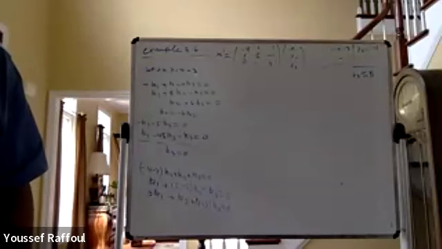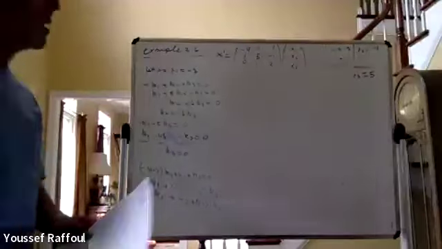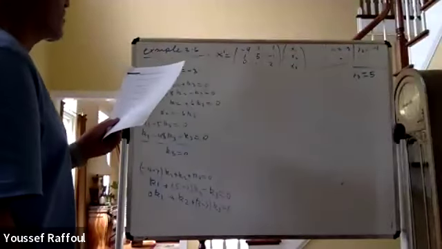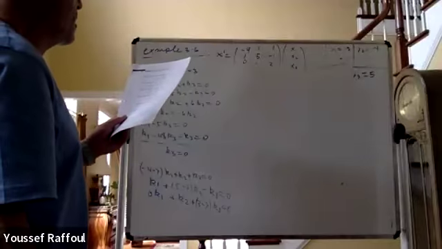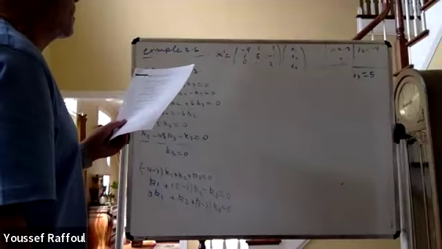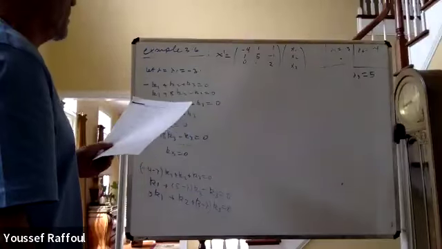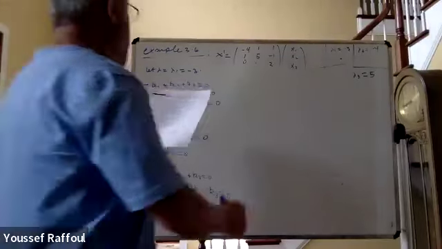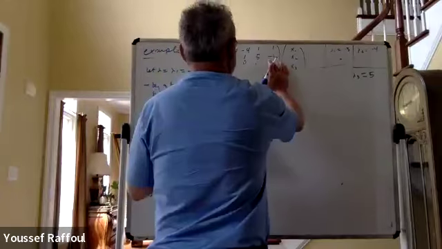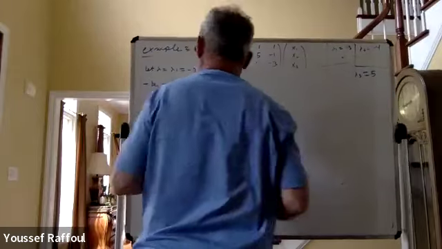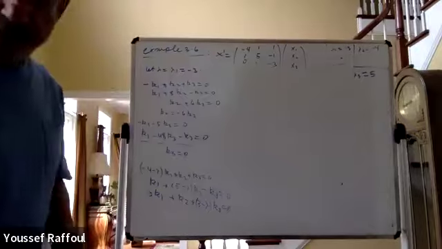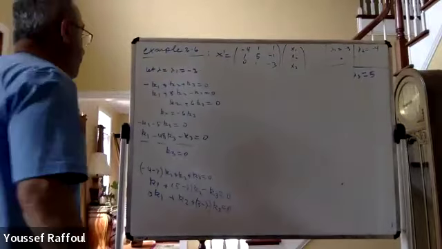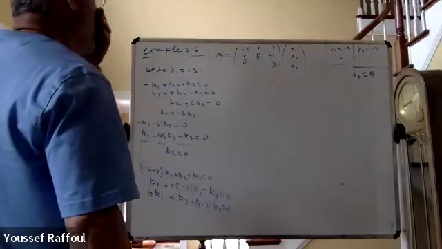So I do have a problem here. Minus 4, 1, 0, 1, 5, 1. No wonder, guys. I'm sorry. This is 1 minus 1 minus 3. Nobody corrected me. All right.